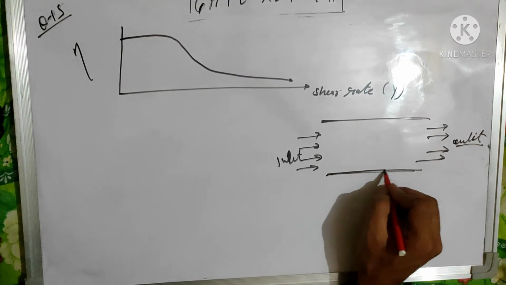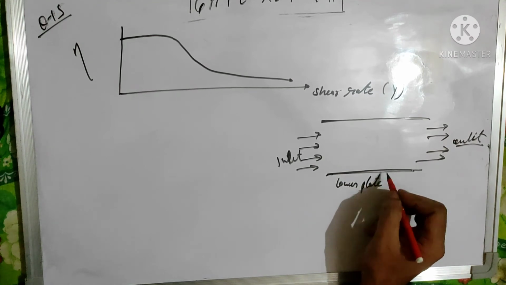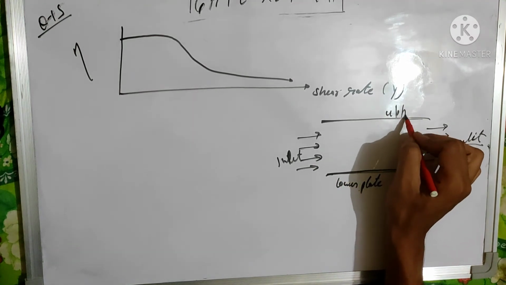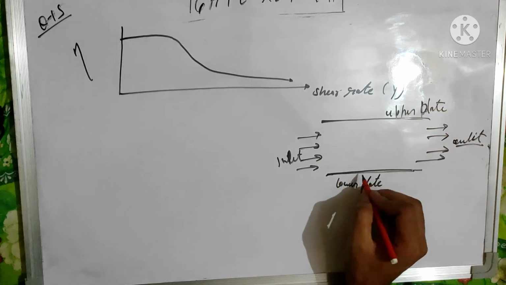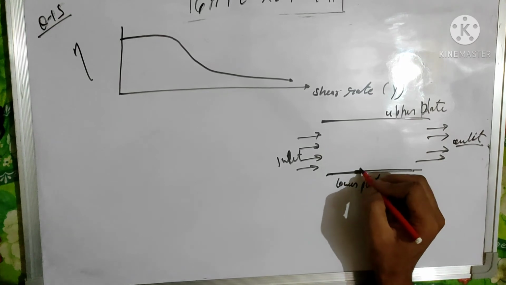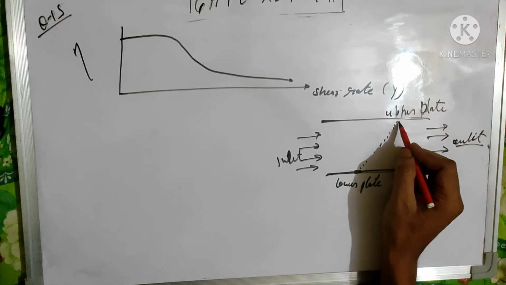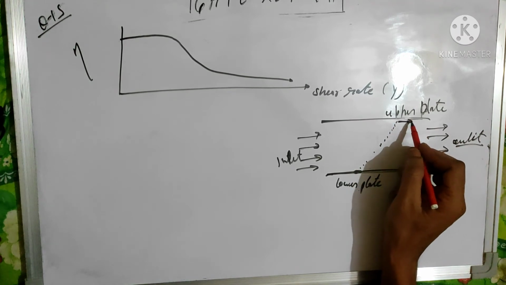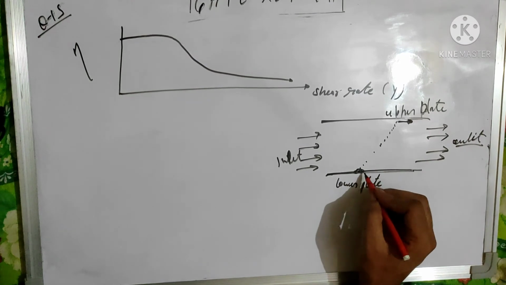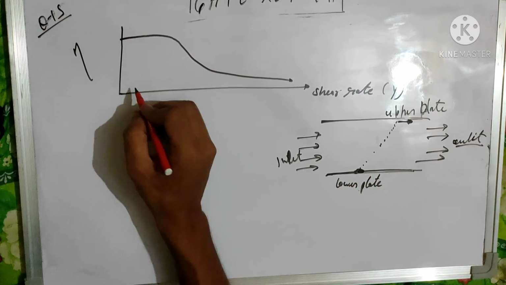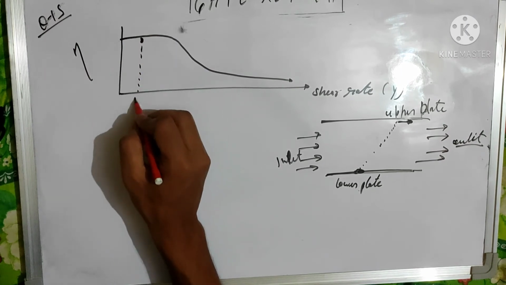You can see this is the lower plate and this is the upper plate. Here the shear stress is low, but with increasing length and increasing height, the shear rate will increase.